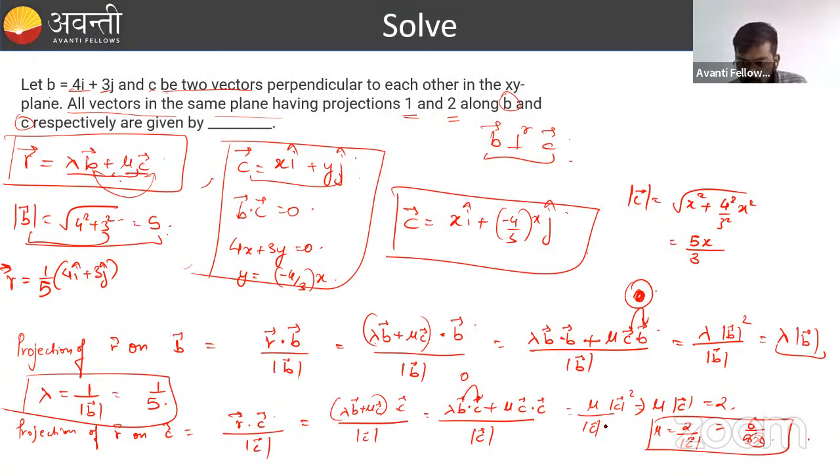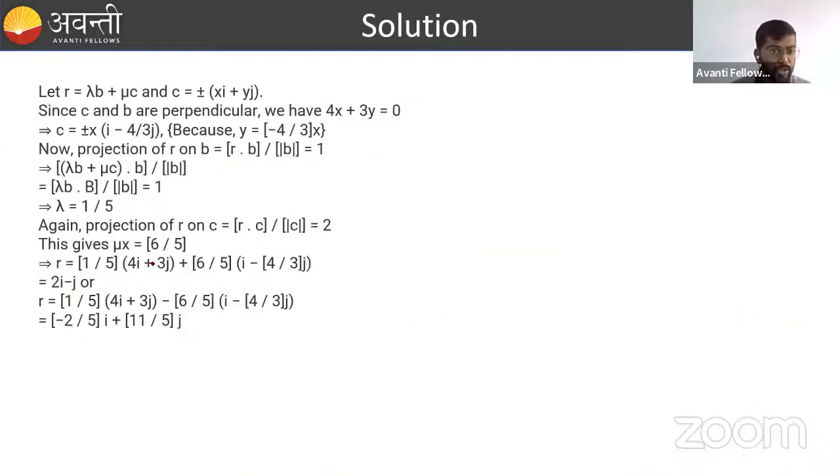So since here we got mu times of x is 6 by 5, I will substitute this as 6 by 5 in the equation, right? And let's check the solution here.